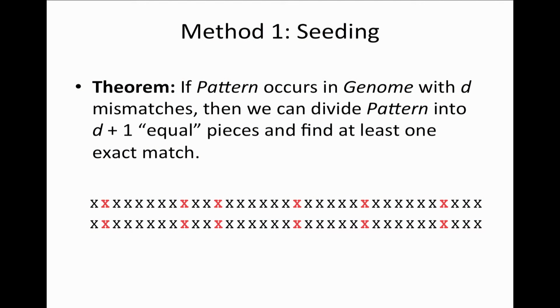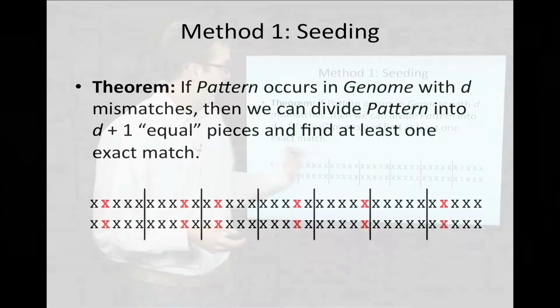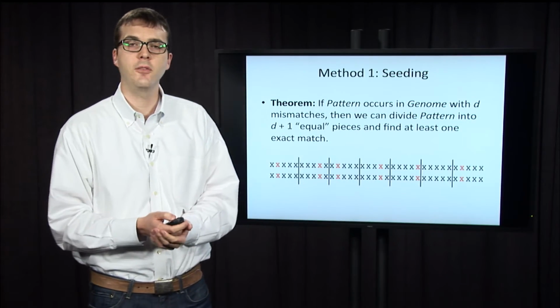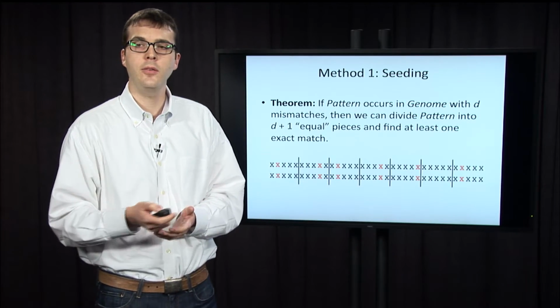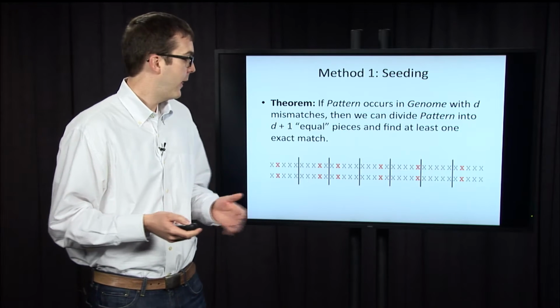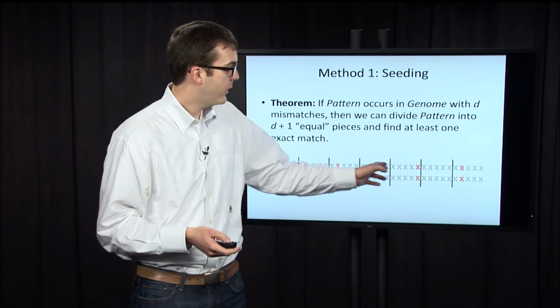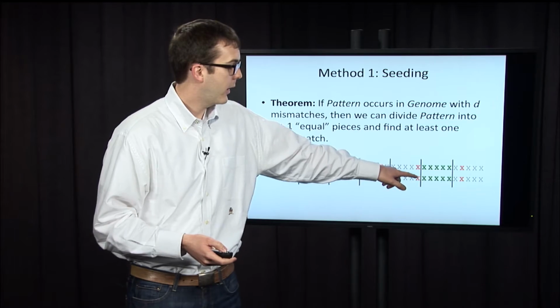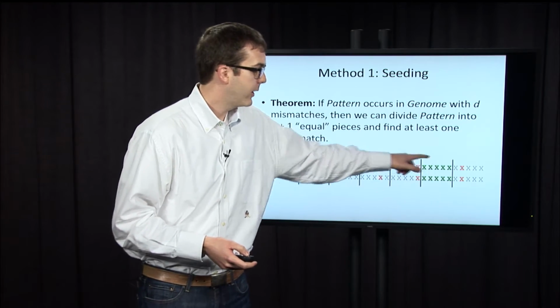I've labeled random locations where it could mismatch. If you partition this into 7 pieces of equal length, here it would be length 5, then notice that you have a mismatch in every one of these windows except for this one. And so here we're going to have an exact match with the genome.